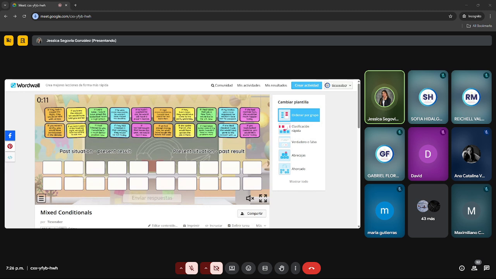For example, this first one: if they hadn't missed the flight, they would be here with us now. We are going to analyze this. The first part has a past perfect. The structure for past perfect is had plus past participle. And here we have hadn't missed.